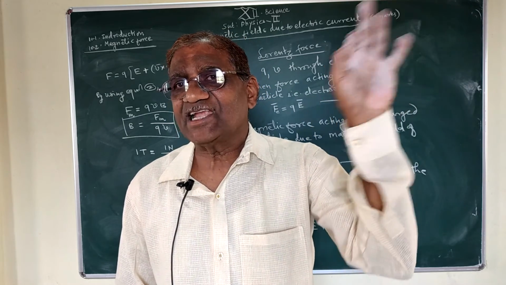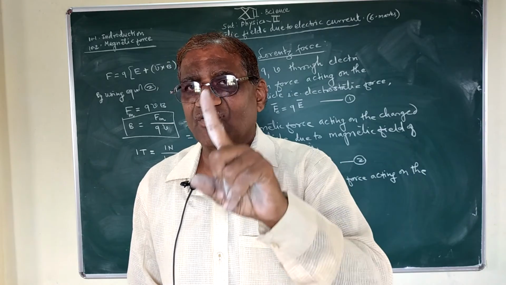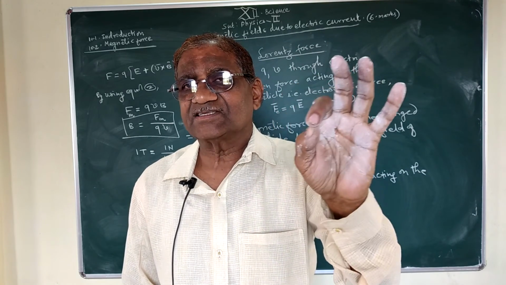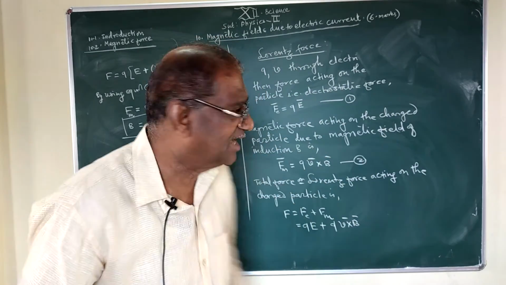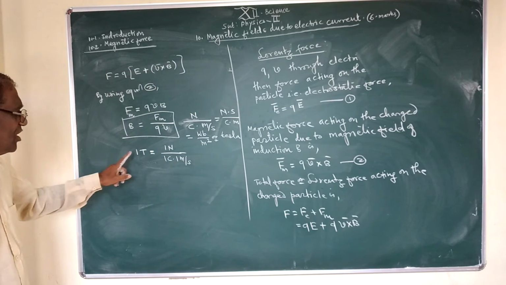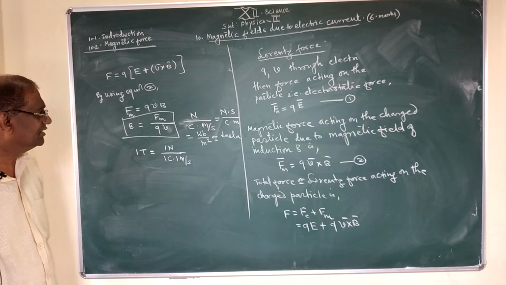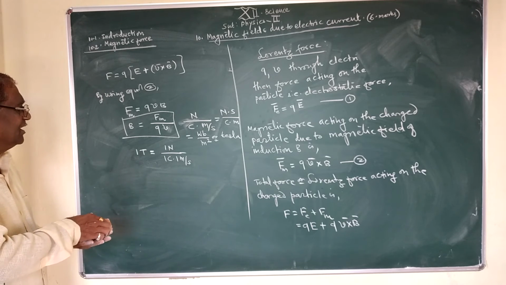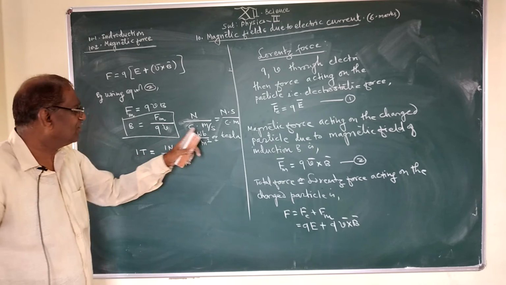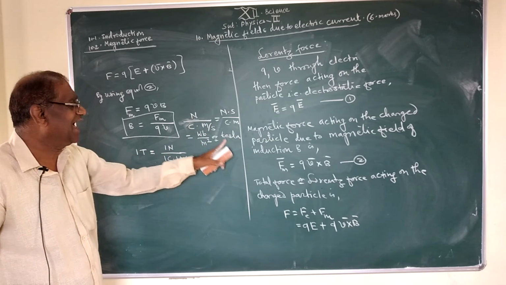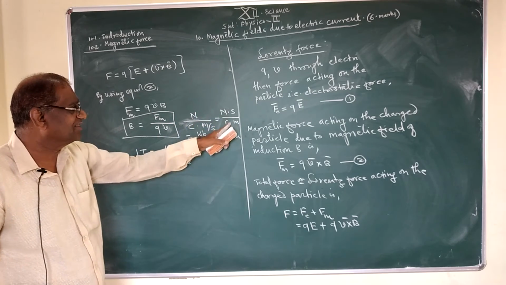Then this magnetic field strength is found to be 1 Tesla. So, this is the definition of 1 Tesla. 1 Tesla is 1 Newton upon 1 coulomb. Therefore, the SI unit for the measurement of magnetic induction is Tesla or Weber per meter square.